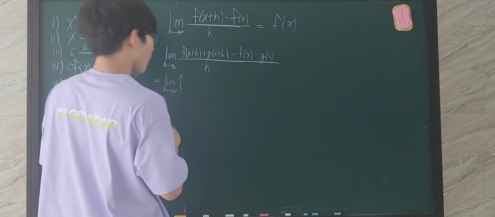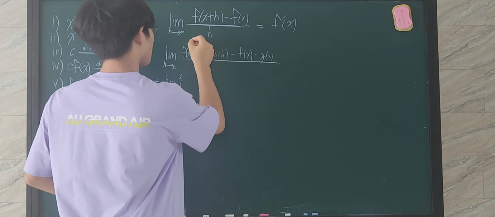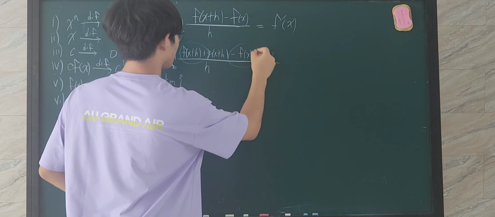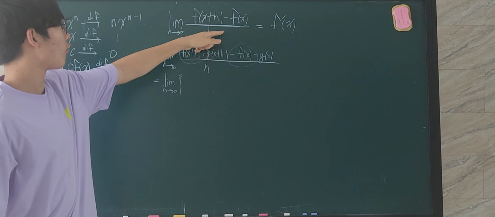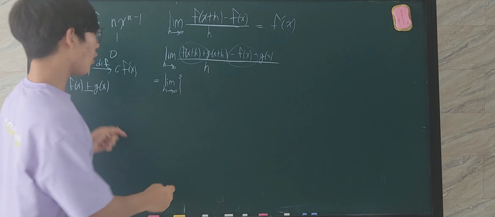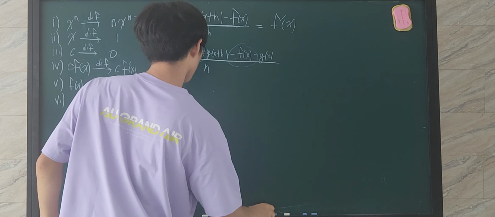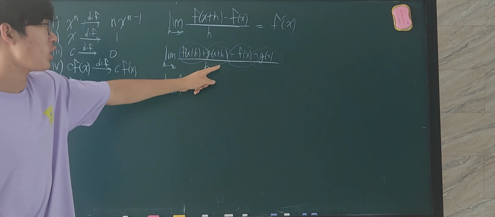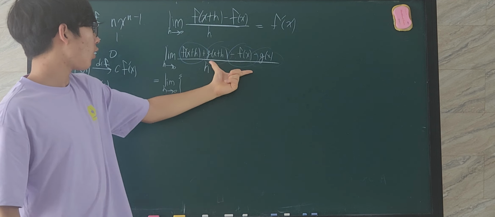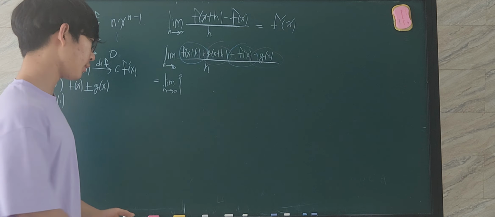First, by looking at the factors, just f(x+h) and minus f(x), this is congruent to a form of the first principles here, right? And also this, g(x+h) minus g(x). This is also equal to a form of the first principle equation.